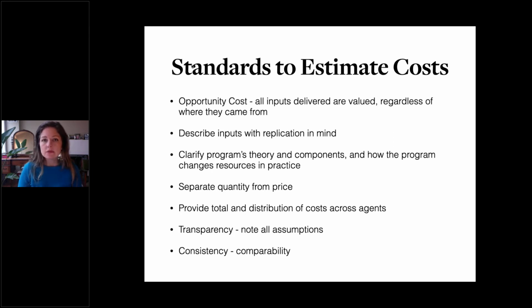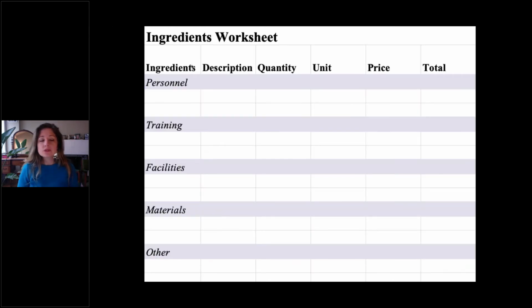That's the kind of information that we need about those resources in order to replicate, that goes in tandem with the cost information. But keeping quantity and price separate allows any user of your work to say, well, forget their prices. I want to put in my own local prices to think about the feasibility of doing this. So it just allows them the opportunity to do that.